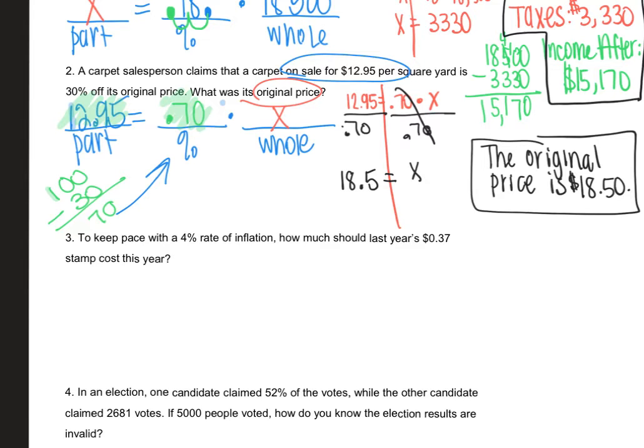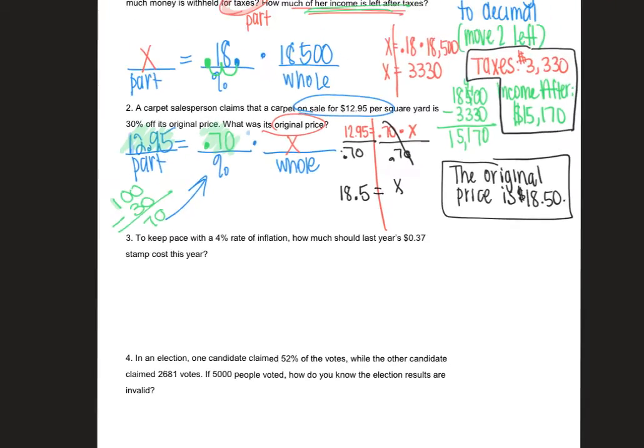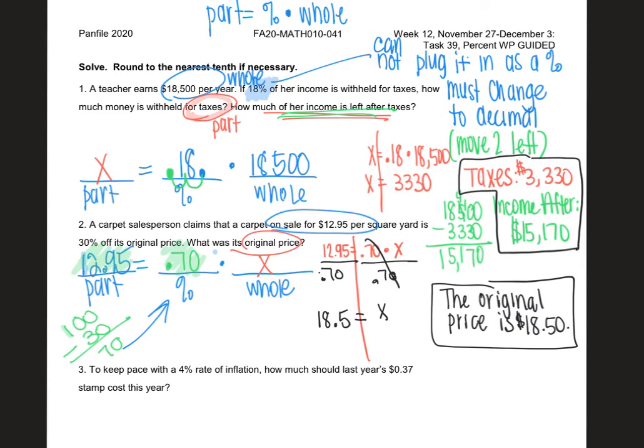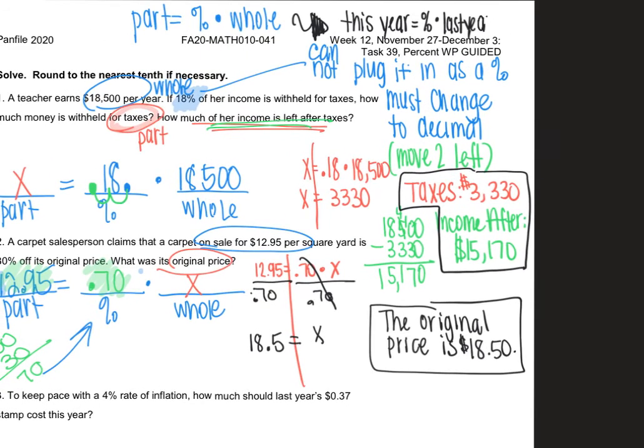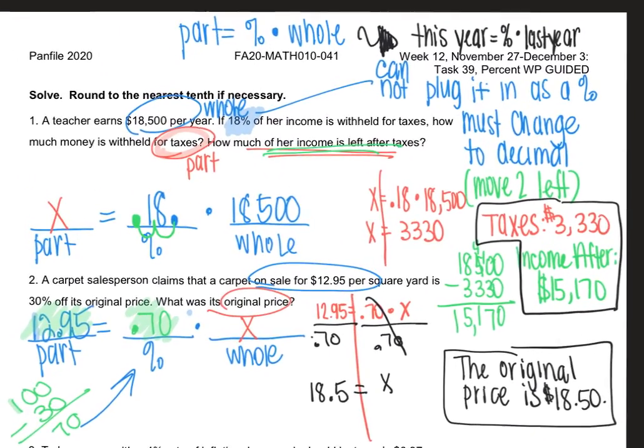So one thing to note, especially since we're inflating something, if we look at this, this can also be written this year equals the percent of last year. Okay, so this year equals the percent of last year.